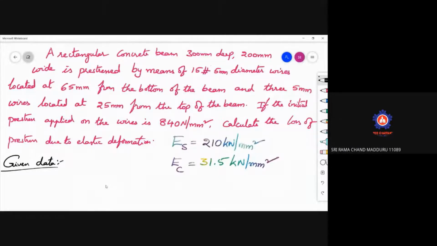First of all, the beam width is given, b is equal to 200 mm. d is equal to 300 mm. Initial pre-stress is equal to 840 Newton per mm square.